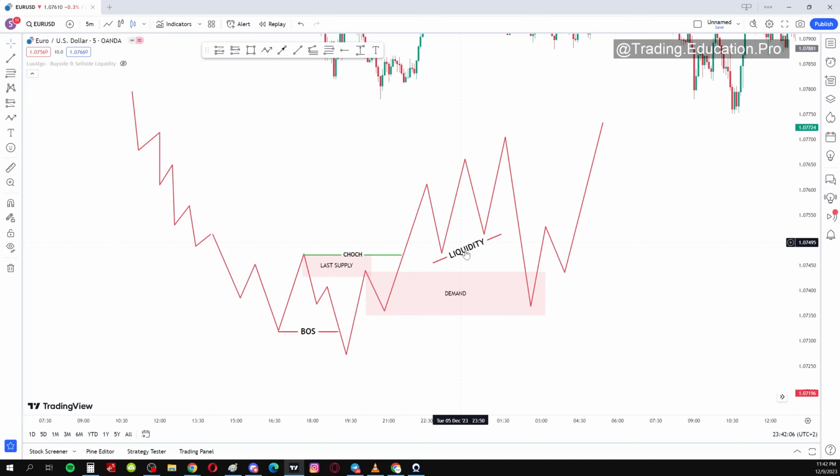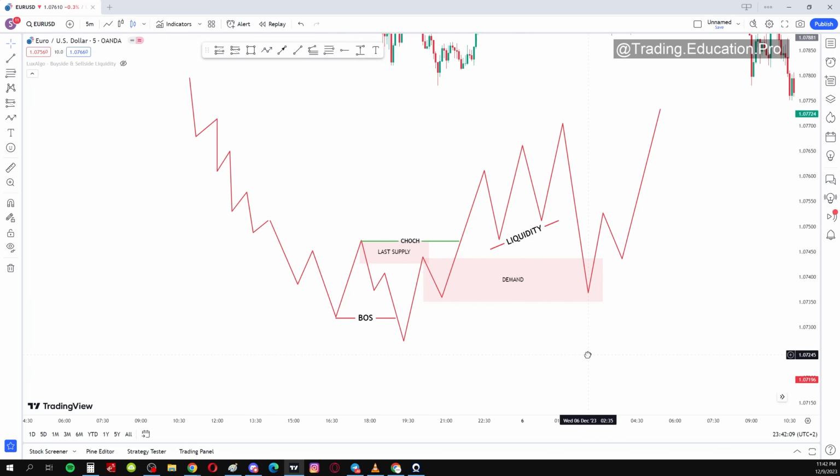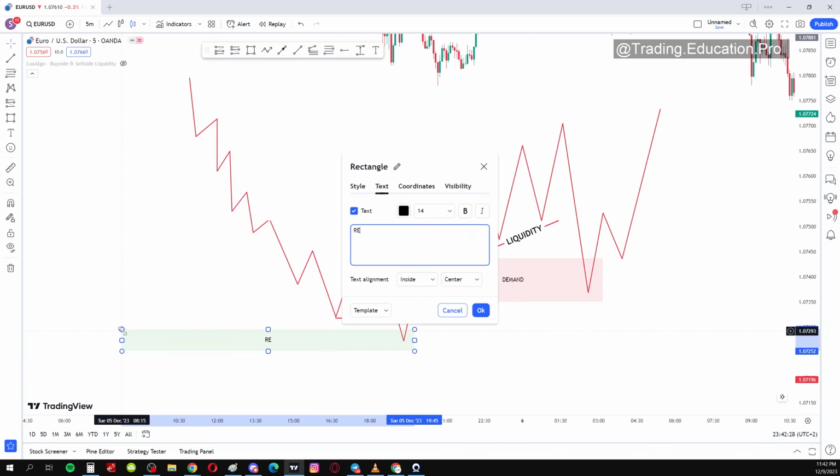But you have to be careful because, as I talked to you about in the previous live call, this has to come from a real zone. And what I call a real zone is a real OB.